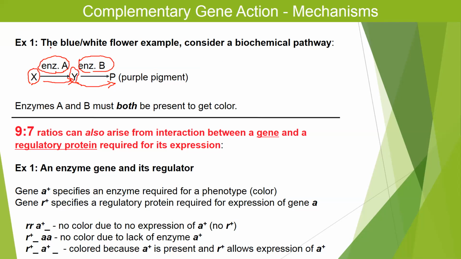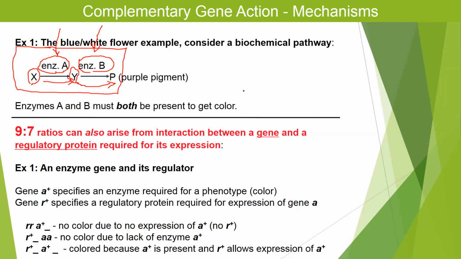However, this means these two genes are in the same pathway, right? However, if one gene has been mutated, or the other one has been mutated, then you're going to see the mutant type, right? You're going to see only the white color flower, or if both genes are mutated.